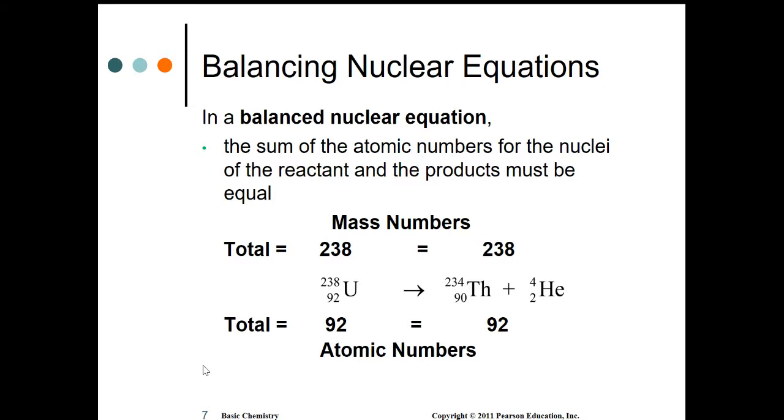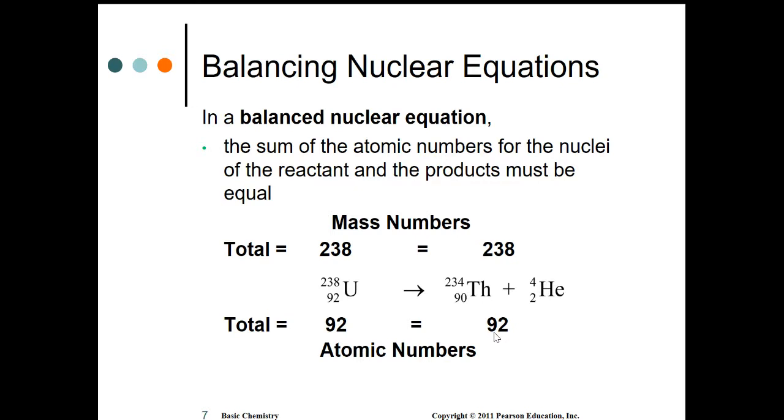For example, the mass number is 238 before the arrow. After the arrow, you add 234 plus 4 to get 238. That means the mass numbers are balanced. The bottom is 92 here. 90 plus 2 will give you 92. So they have to be balanced.